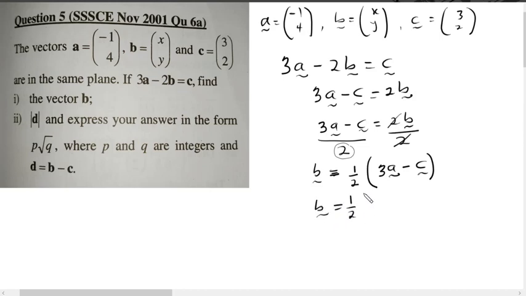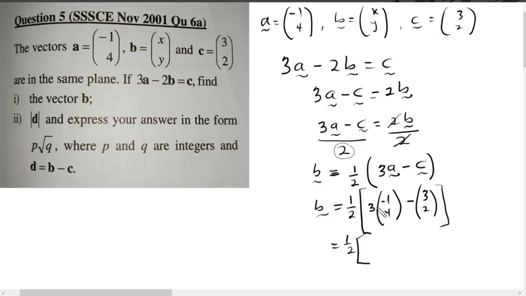Let me leave the half here because it is just a scalar, and then I have 3 times my vector a. Vector a is negative 1, 4. So 3 times negative 1, 4, minus vector c. Vector c is 3, 2. Let me leave the half here and deal with what is in the bracket first.